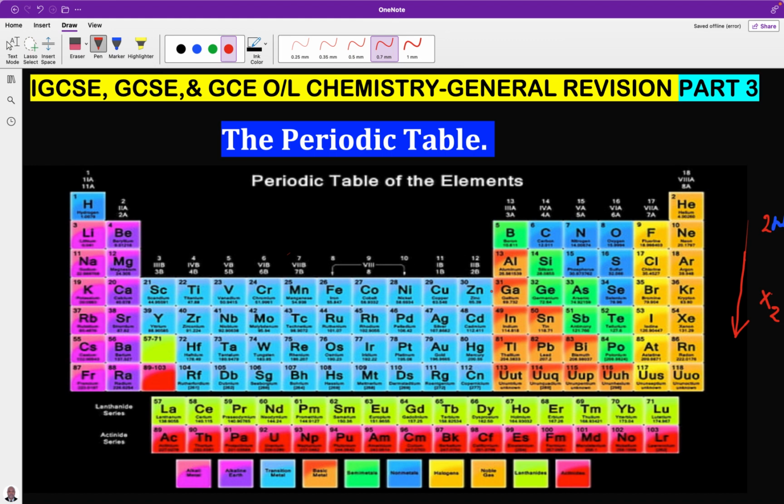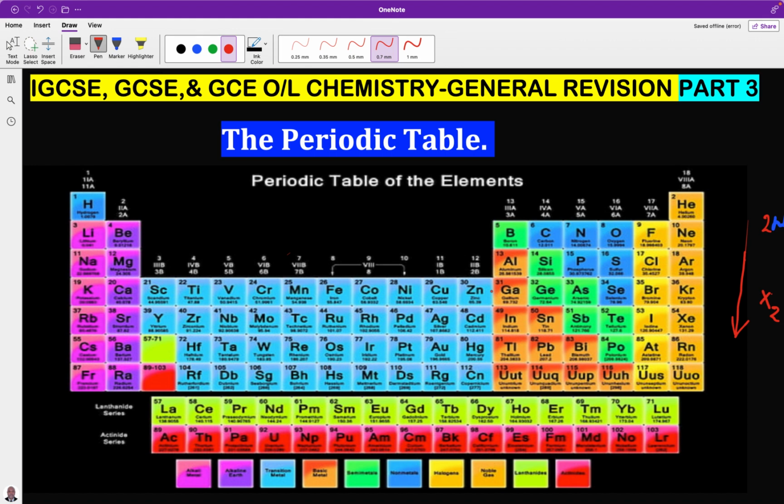In other words, we can call them the transition elements. But when you go to a higher level, not all of them are transition elements or transition metals. Generally, we call them the D block elements or the transition elements. So transition elements are metals. We call them transition metals.